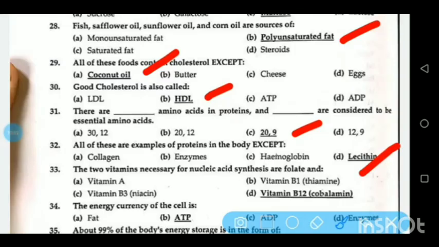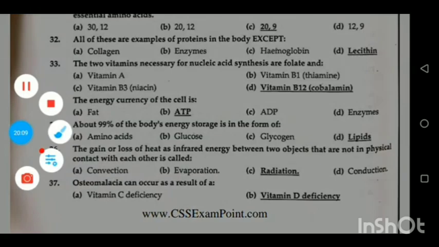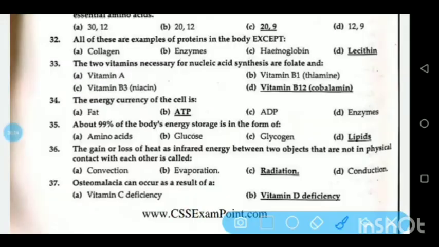The two vitamins necessary for nucleic acid synthesis are folate and vitamin B12. Currency of the cell is ATP. About 99% of the body's energy storage is in the form of lipids.